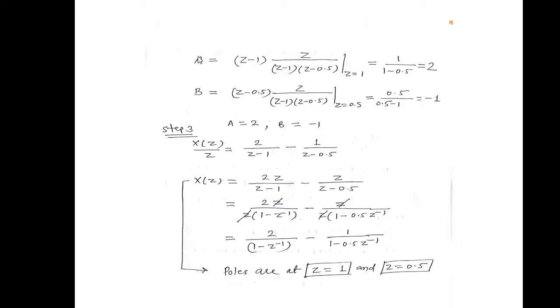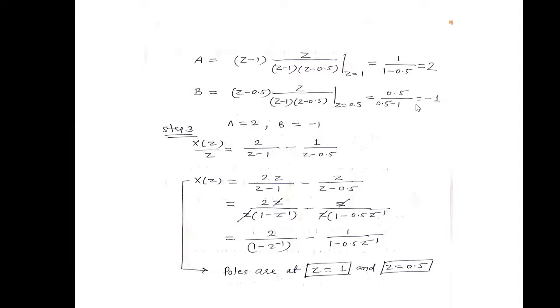For partial fraction expansion, we can solve for this constant A. After solving, you will have the value of A equal to 2. You can solve it by partial fraction expansion, and this method we have already discussed in engineering mathematics.